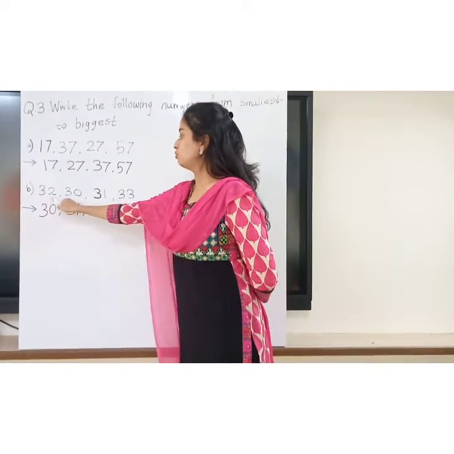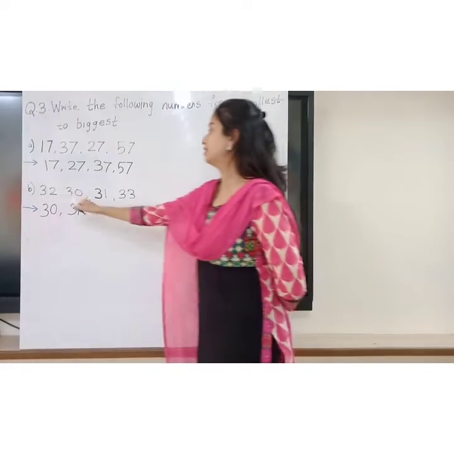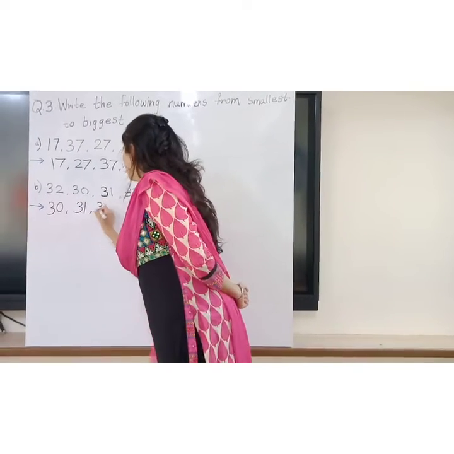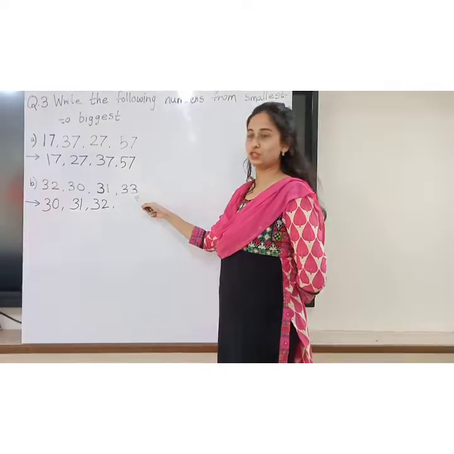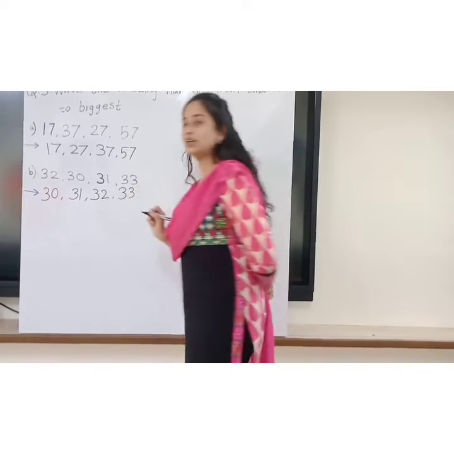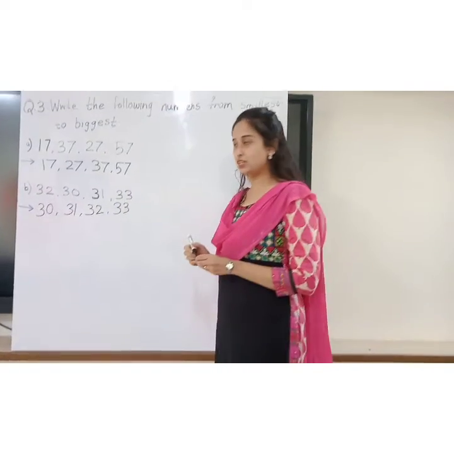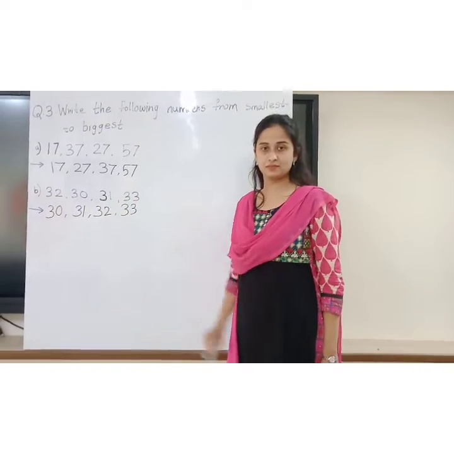Here there is 2 and here there is 3. So now which is the next smallest number? It is 32. And now only one number is remaining, which is the biggest one, which is 33. So we have written numbers from the smallest to the biggest.